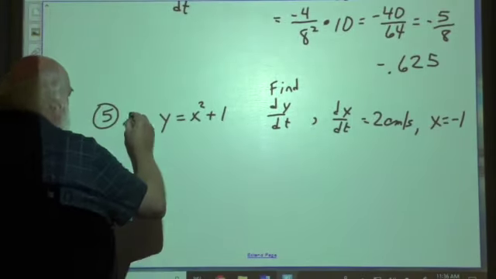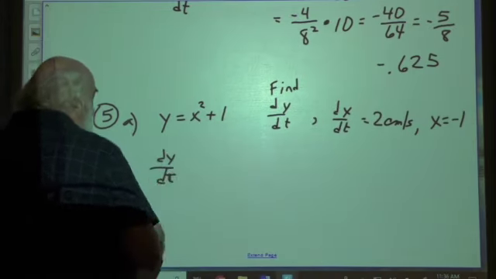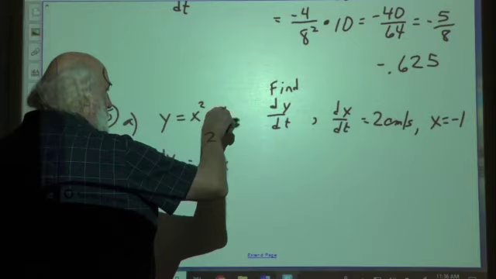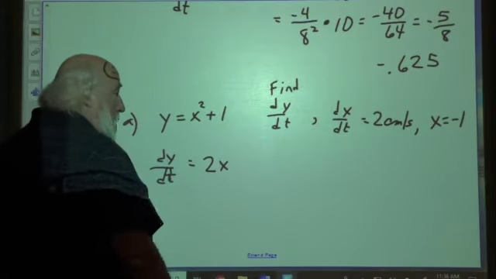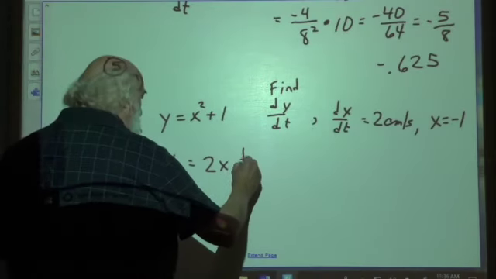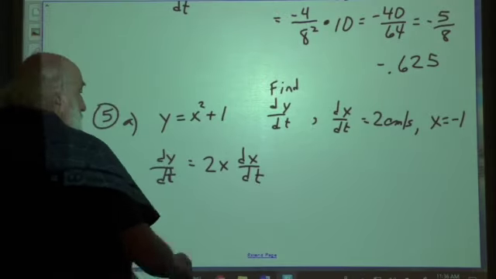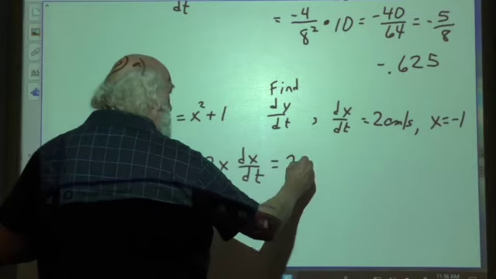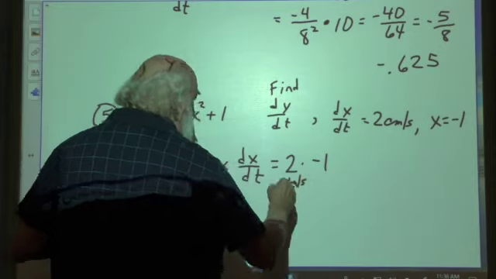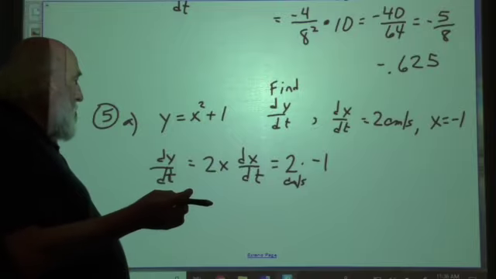So again, differentiate: dy/dt equals 2x plus 0, because the 1 is a constant, so it's going to drop out, times dx/dt. For this we know it's 2 times x, which is -1, times dx/dt. And remember, this is centimeters per second. You really need to keep that in mind, because this is a rate, so it should also be expressed in centimeters per second.